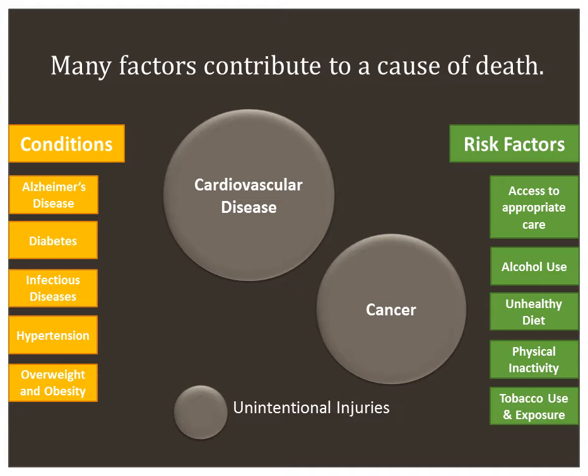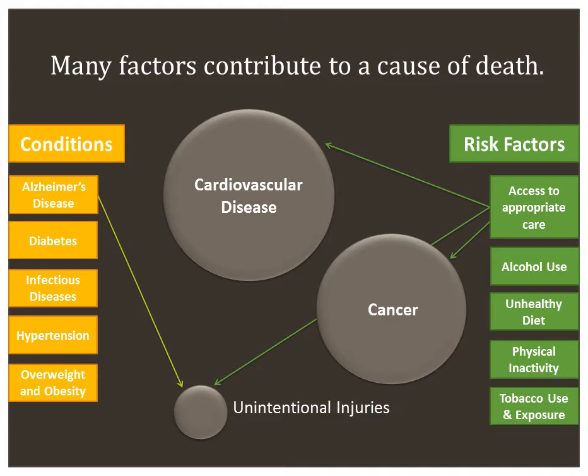Let's look at one of the health concerns, Alzheimer's disease. Alzheimer's affects the ability to balance and contributes to unintentional injury, like falls in older adults. Now let's look at a risk factor. Access to appropriate health care is important for the detection and treatment of cancer and heart disease and treatment of unintentional injury.